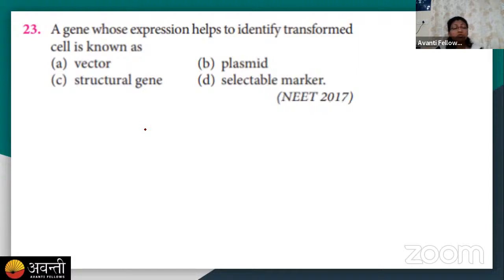The next question: a gene whose expression helps in identifying the transformed cell is known as. We have discussed this throughout the session several times: the particular gene sequence we use for the identification of transformants is a selectable marker, because this is the portion of the gene which codes for a particular enzyme.